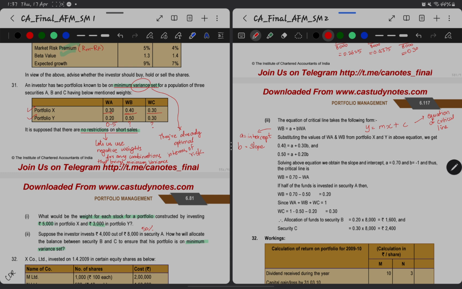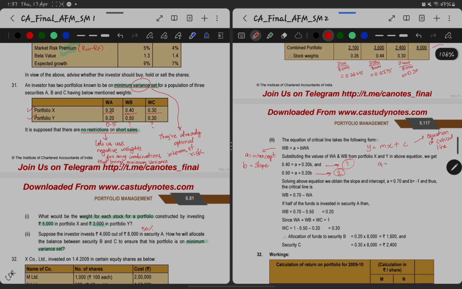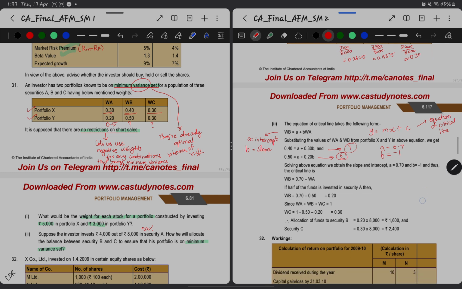Now 0.4 equal to A plus 0.3, so weight of B equal to A plus 0.3 times weight of A. This is equation 1. For portfolio Y we apply the same and arrive at the second equation. Solving these equations, we get A equal to 0.7 and B equal to -1.